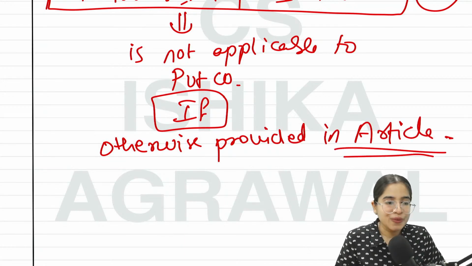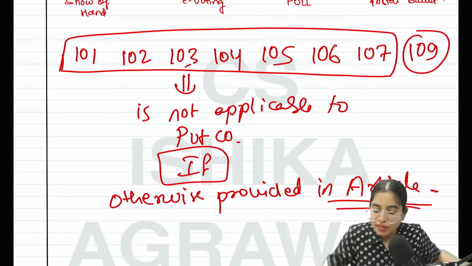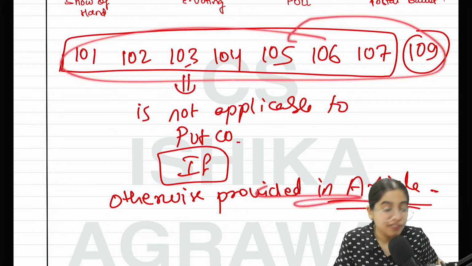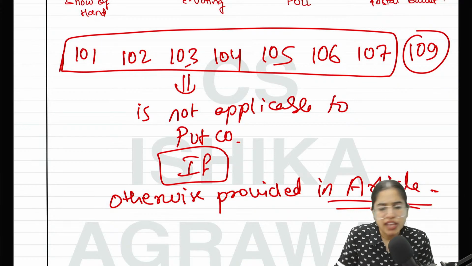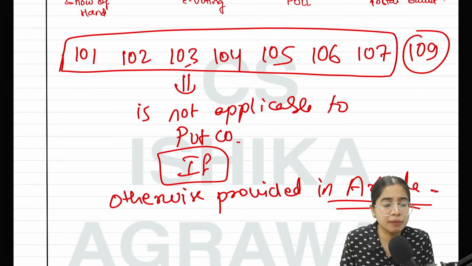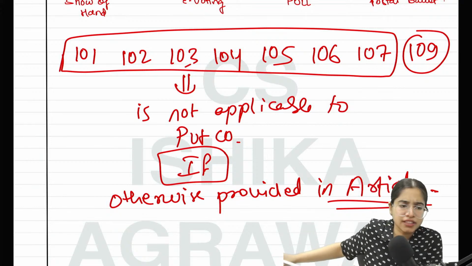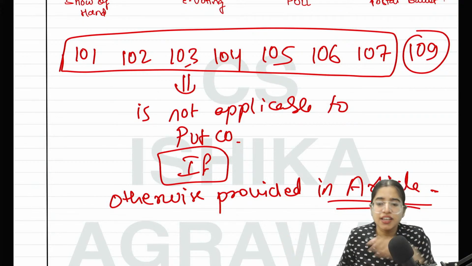Which means that a private company will get relief from the compliance of all these sections if in its articles it is specifically said that we will not follow 101, 102 and so on. Or in the private company's articles some other method, some other rules and regulations are written.